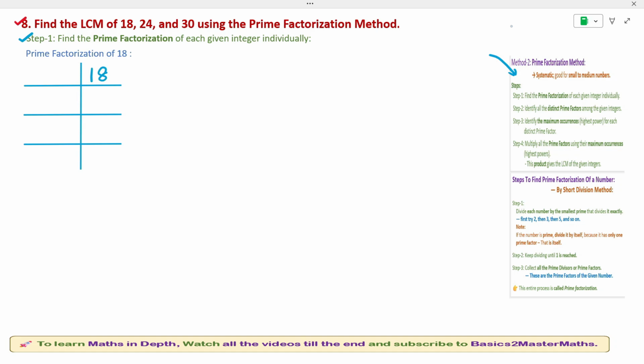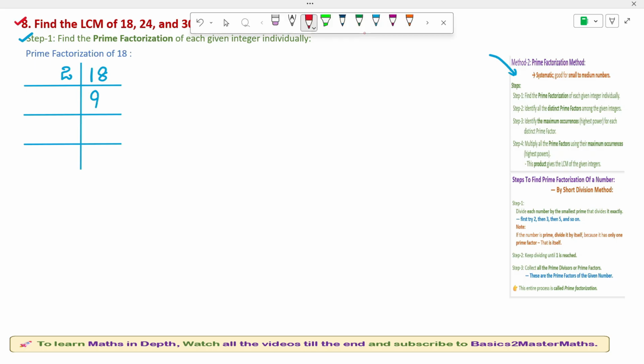Let us find the prime factorization of 18. Start dividing 18 by the smallest prime 2. Since 2 divides 18 exactly, we get 9. Again, start dividing 9 by the smallest prime 2.